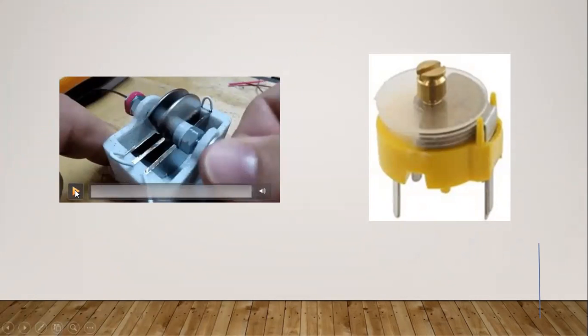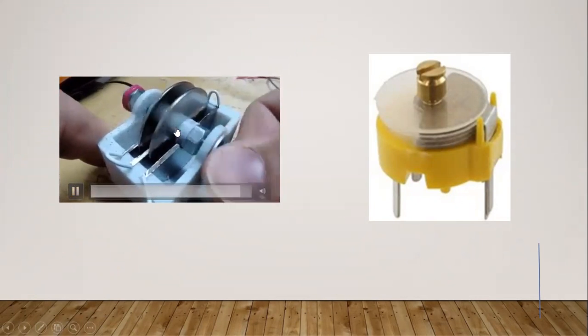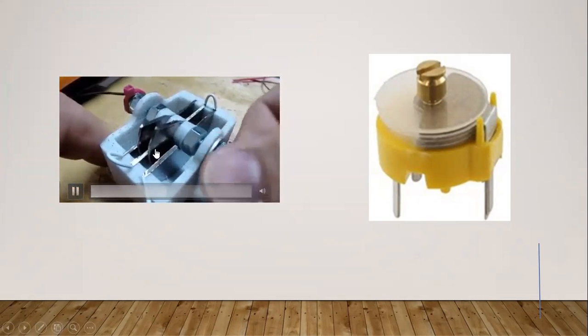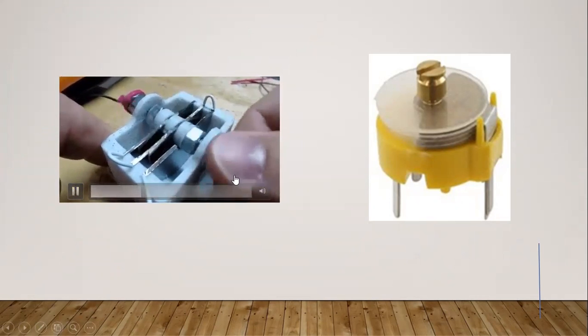Now you can see how it works, how it increases or decreases the plate area. You can see this is the full circle, so this is the largest area, and if it moves further you can see this is the smallest area. We know that if the area of the plate is more, the capacitance will be more.